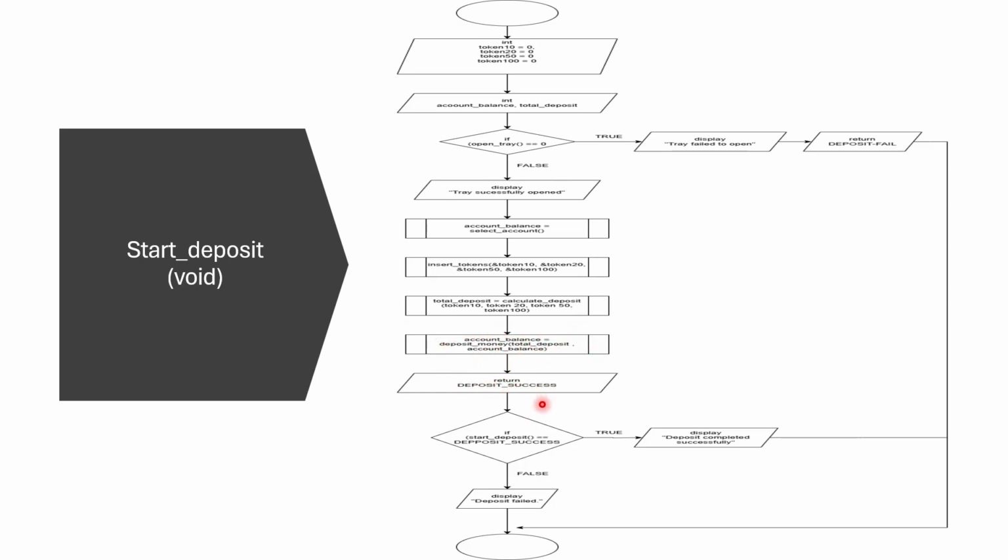And if start deposit is equal to deposit success, if the condition is true, it will display deposit completed successfully. And if the condition is false, it will display deposit failed. And that is the last of the start deposit function. And yeah, this is the deposit.c flowchart.